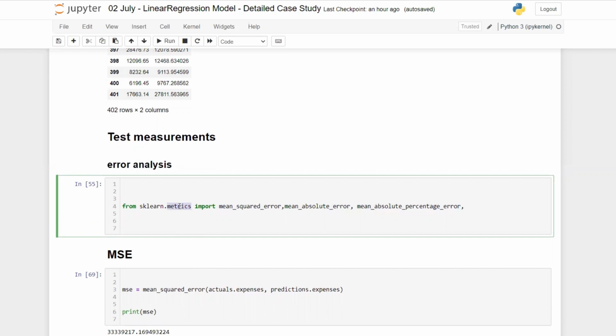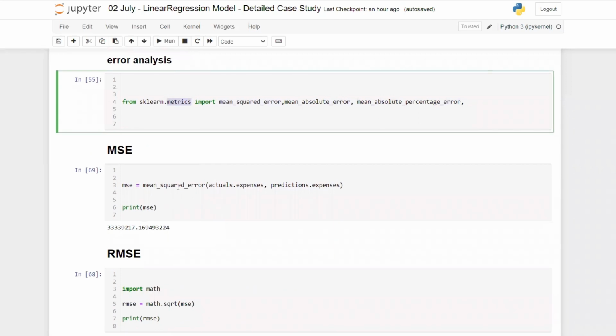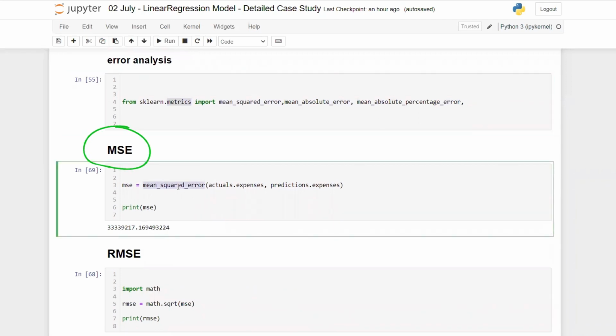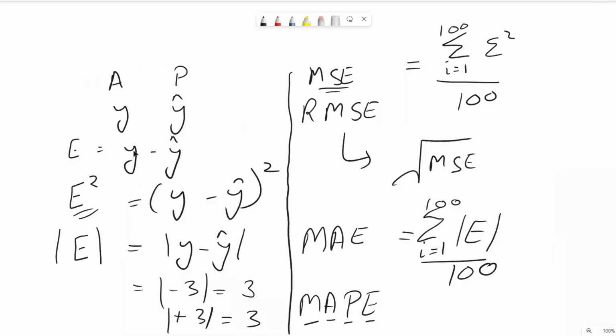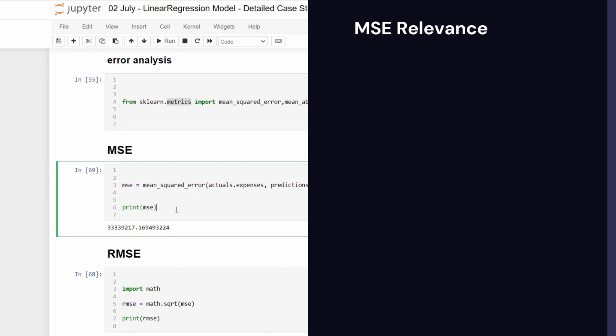To calculate MSE, I am calling the mean squared error function, passing my actual value y and the predicted value y hat. It will internally calculate first the error, then the squared error, and then take the mean of it. And that is the mean squared error, guys.